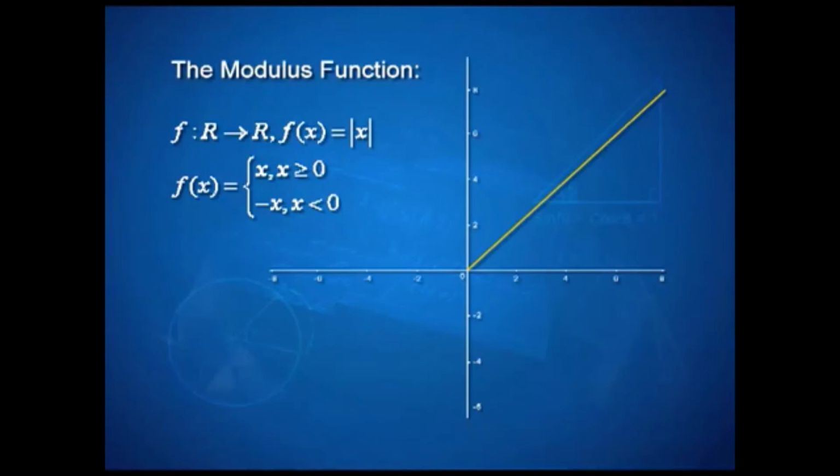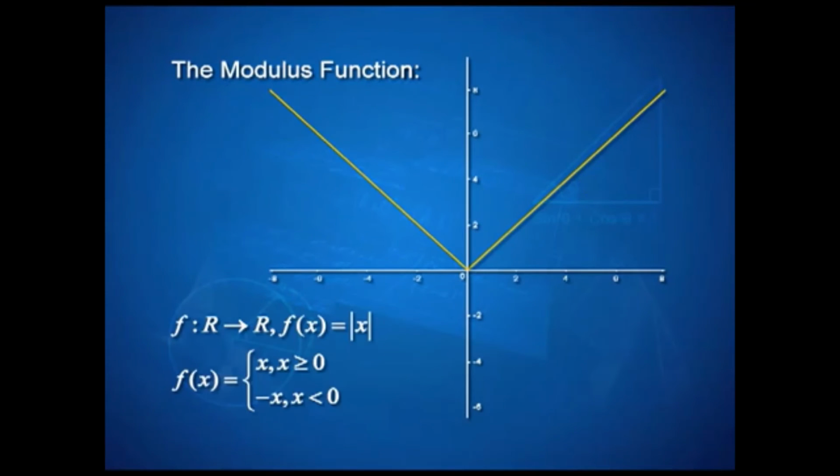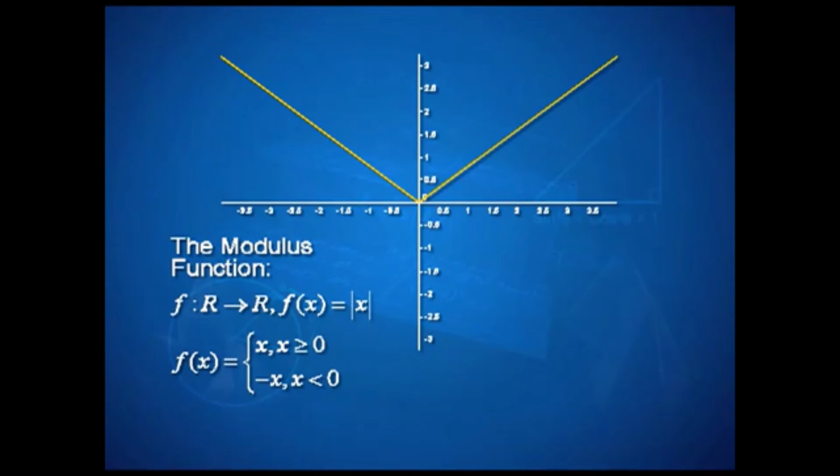With that in mind, if I plot the first part of this function, that is when x is greater than or equal to 0, I get a line again diagonally inclined at a 45-degree angle with the x-axis. Negative x will be the line in the second quadrant. Put together, the two constitute the graph of f(x) is equal to modulus x. So, now from the graph, let us see if you can decide what the domain is.